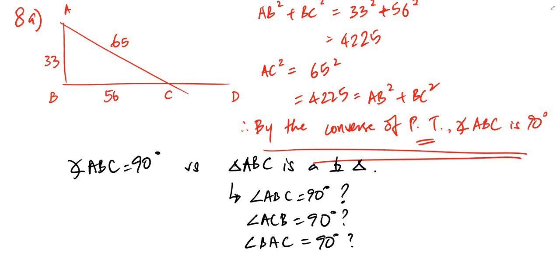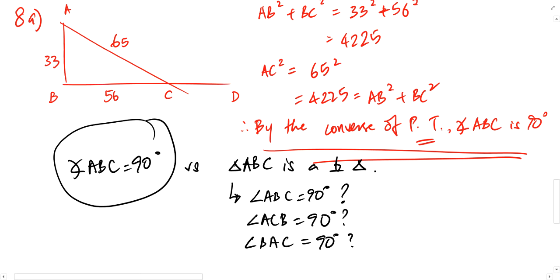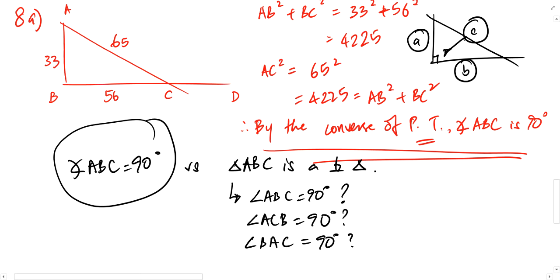Our converse of Pythagoras theorem tells us very clearly that angle ABC is 90 degrees. Why? Because originally, Pythagoras theorem tells us that the sum of the squares of the two shorter sides equals the square of the longer side, and the longer side is always opposite the 90 degrees.